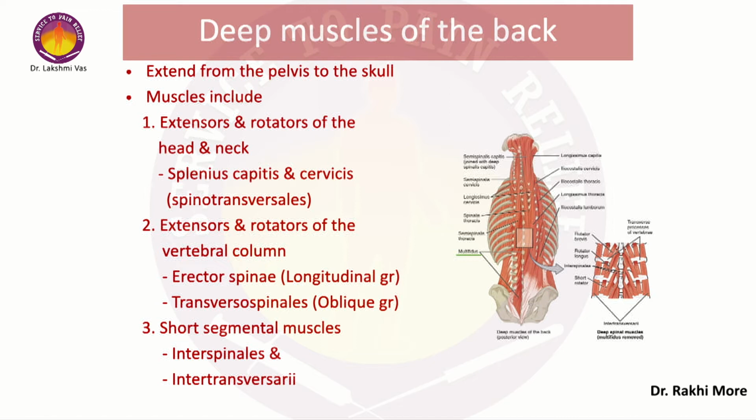So the direction of the muscles of the first group and the oblique group of the vertebral column is opposite to each other. And the last group is the short segmental muscles, which consist of the interspinales and the intertransversae.